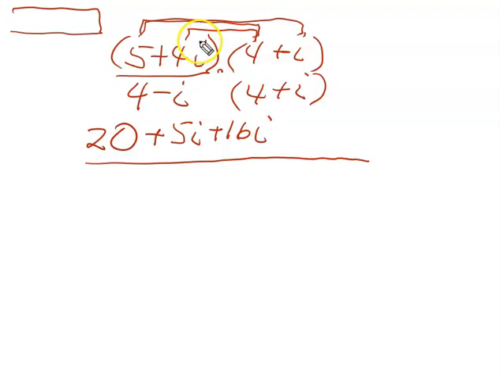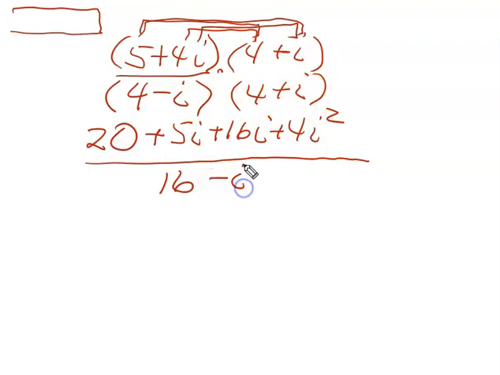And now my last is going to be a plus 4i squared. Now keep in mind this i squared is going to become a negative 1. We'll do that shortly. But let's do our bottom here. 4 times 4 is 16. And then negative i plus a positive i is a negative i squared.